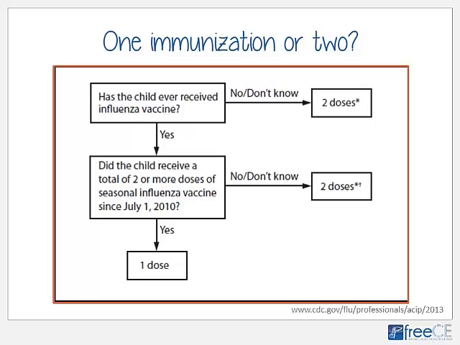This is aimed at providing simplicity, but really what you're looking for is that prior to this influenza season, the child has received at least 1 dose of that 2009 H1N1 containing vaccine. And I've already mentioned the seasons during which that would have been present. So hopefully that clarifies the 1 immunization or 2.